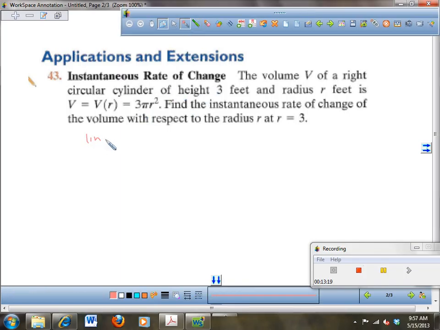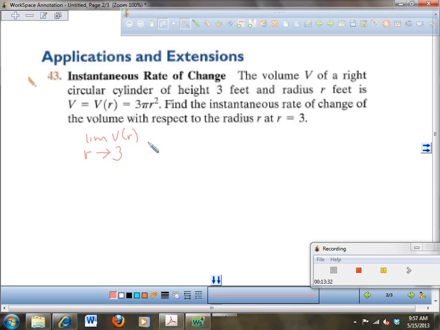So you want to find the limit as r goes to 3 of V of r minus V of 3 over r minus 3. That's what we're looking for. So it's the change in the volume from some point r to 3 as r goes to 3.